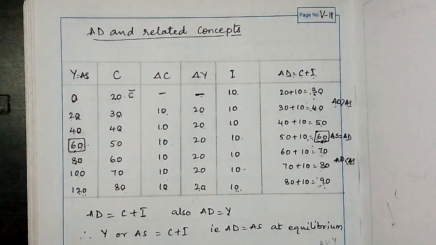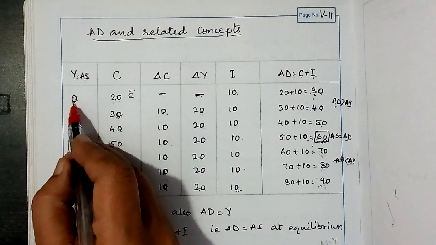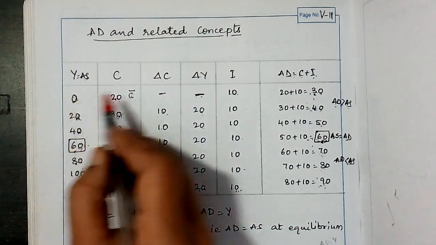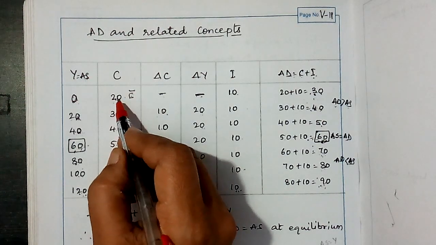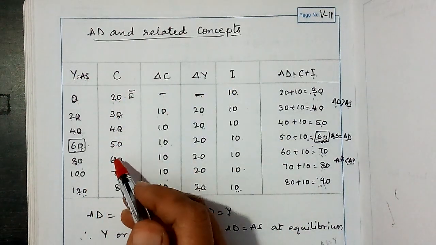Let us now understand the behavior of aggregate demand in terms of consumption and investment components. At zero level of income, there is some amount of autonomous consumption, which is 20 units that is necessary for survival. That's what we learned.